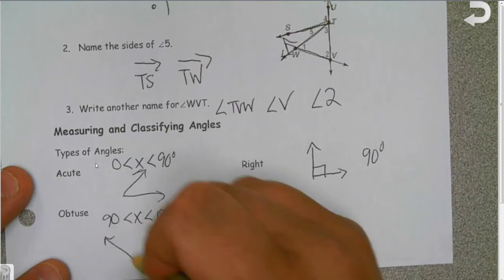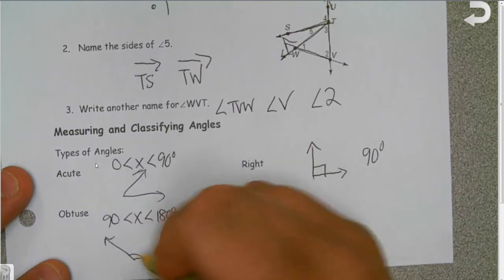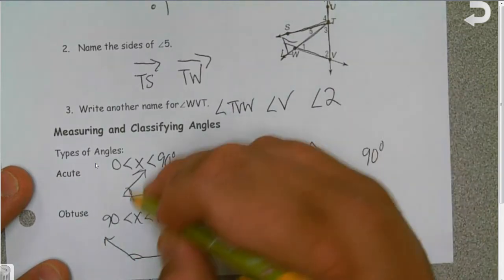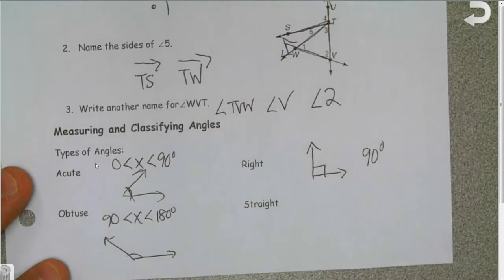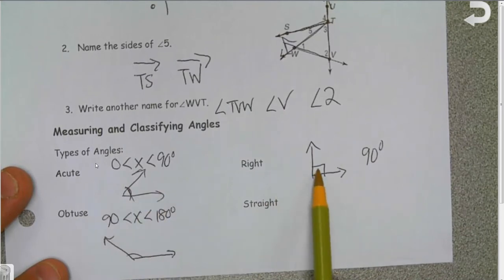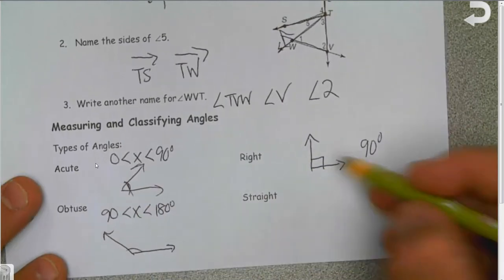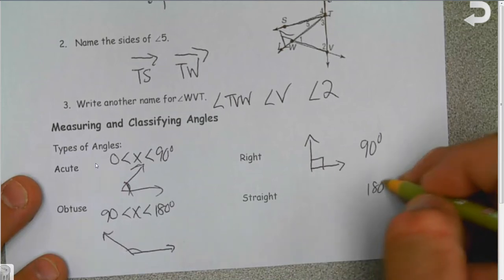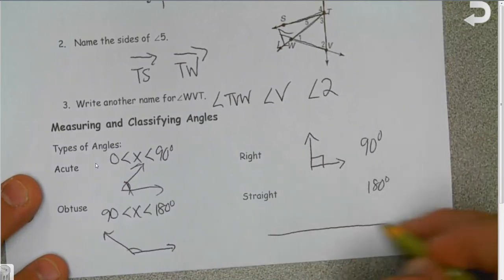And so it should look bigger than a right angle. And notice how I put the little circles in there to define them as angles that are not a right angle. And then finally, if an angle is exactly 180 degrees, it makes up a straight line.